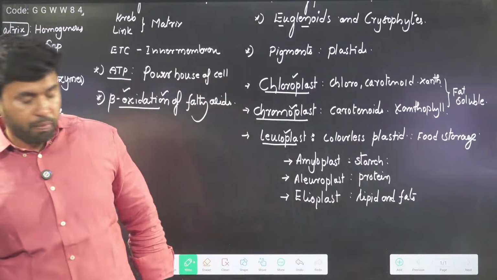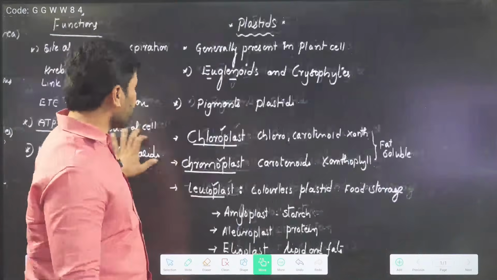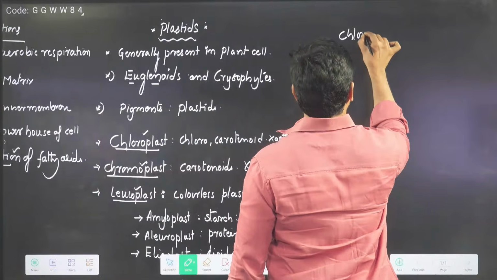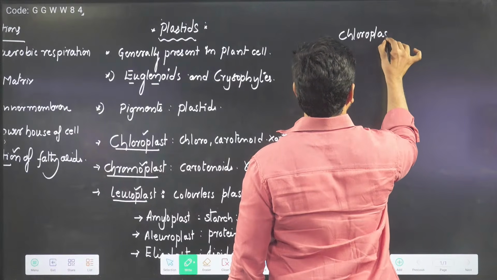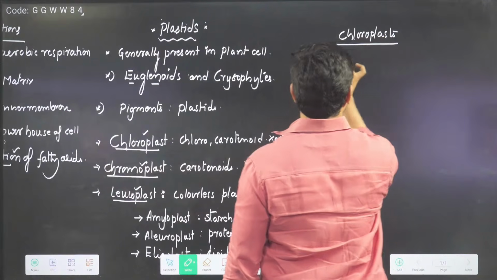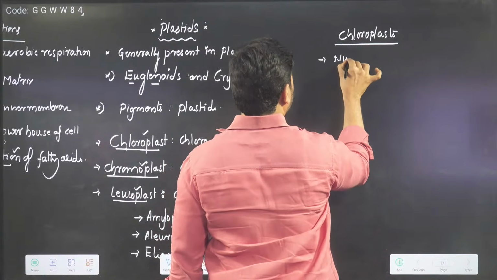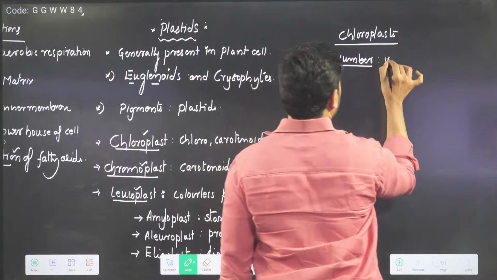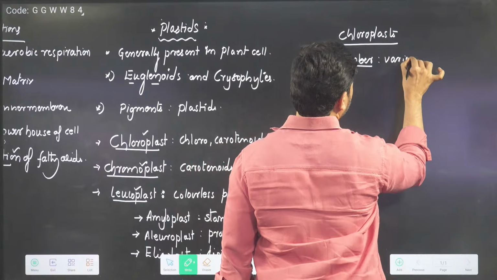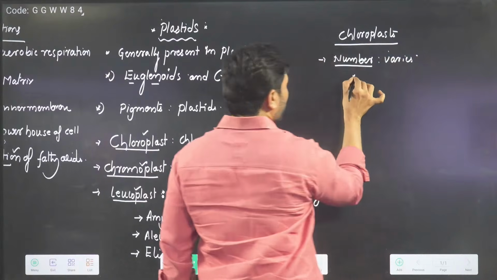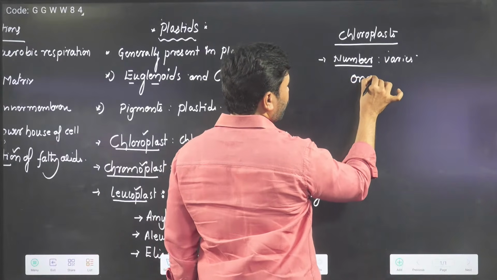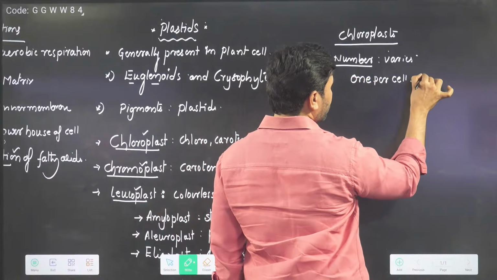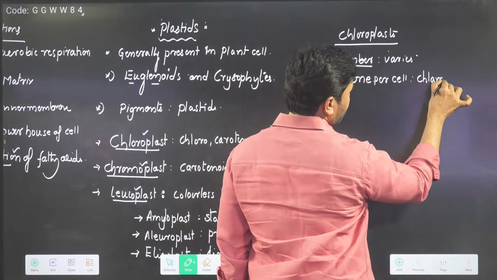Okay, chloroplast, let us check. Chloroplasts are green color plastids. First one, number: it varies from cell to cell. Importantly, one per cell in case of Chlamydomonas.